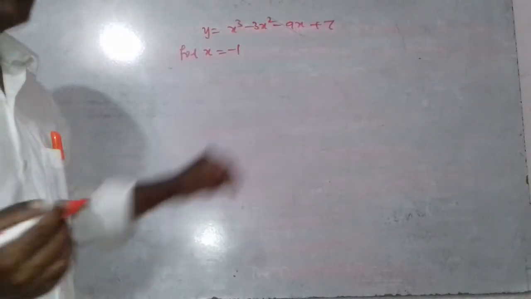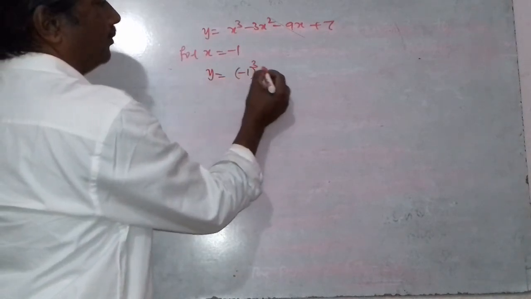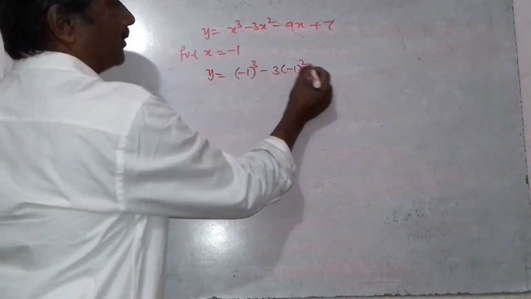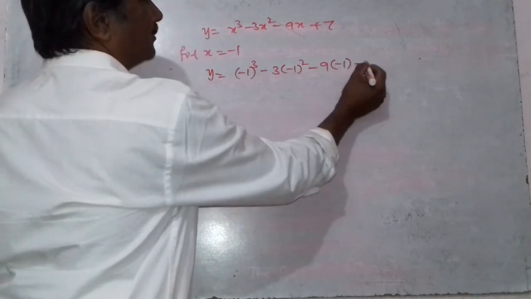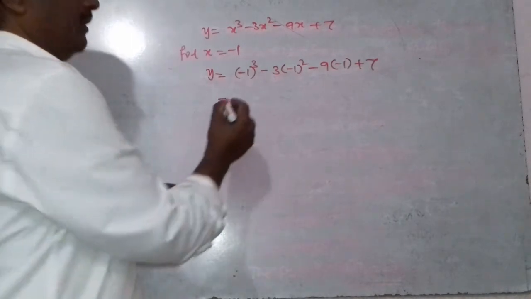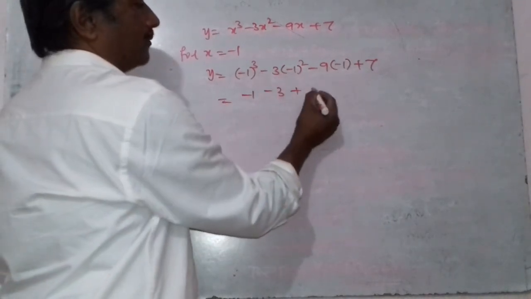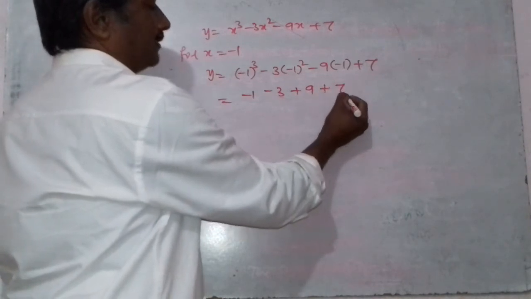For x equal to minus 1, y equals minus 1 cube minus 3 into minus 1 square minus 9 into minus 1 plus 7. Minus 1 cube is minus 1, this becomes minus 3, this becomes 9, plus 7.